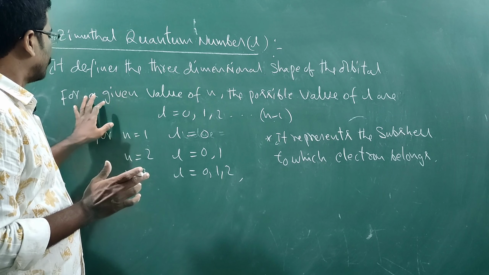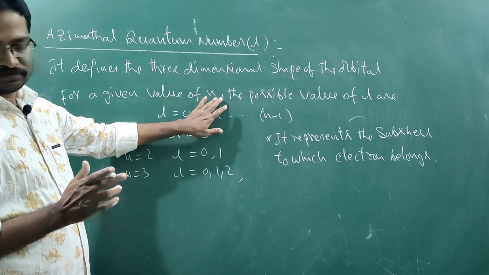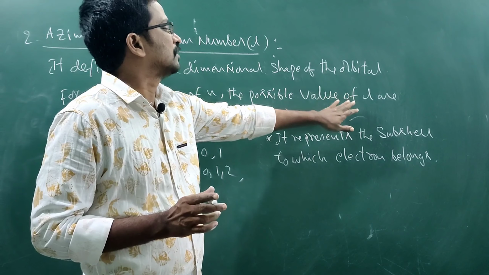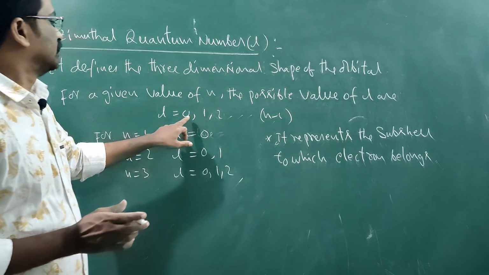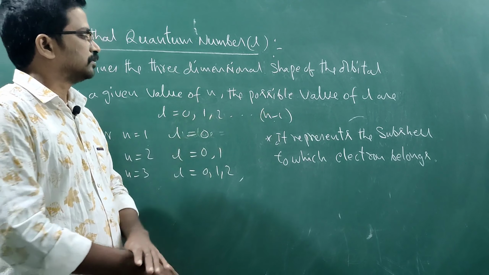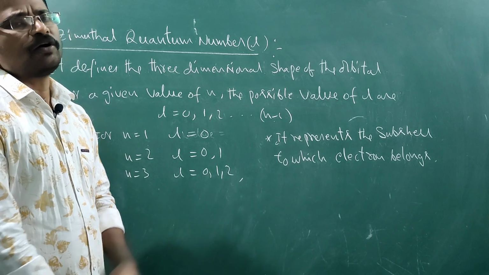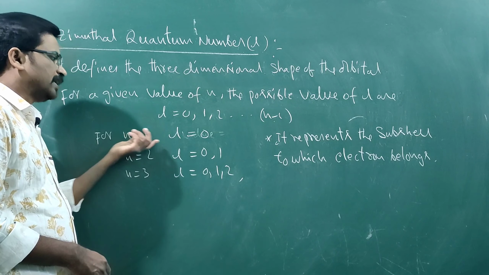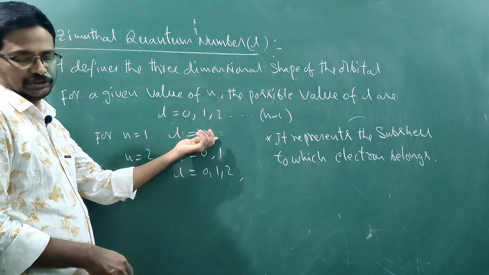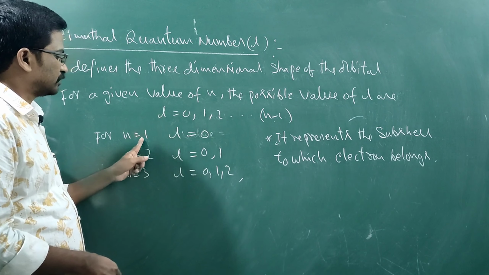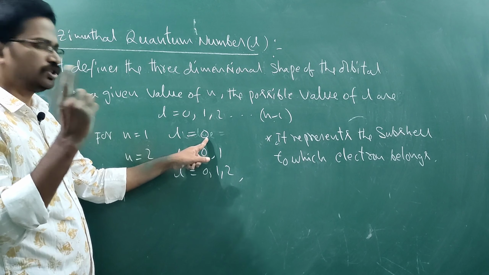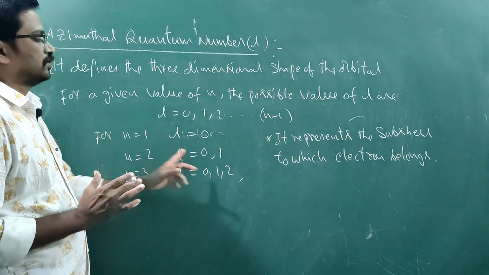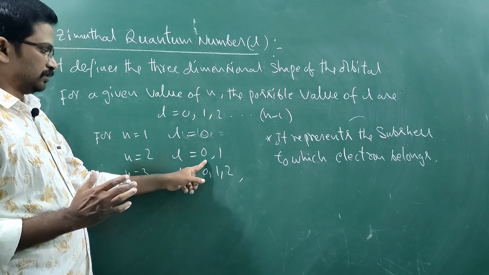For a given value of n, the possible values of L are 0, 1, 2 up to n minus 1. How do you understand this? Let us take n is equal to 1, the L value is 0. For n is equal to 2, there are 2 L values, 0 and 1.